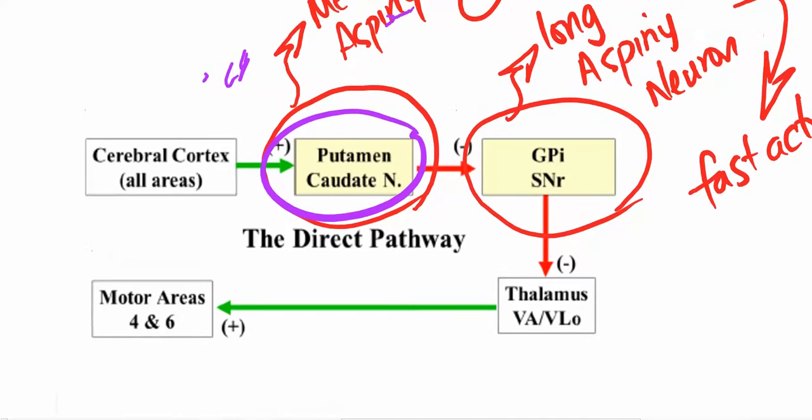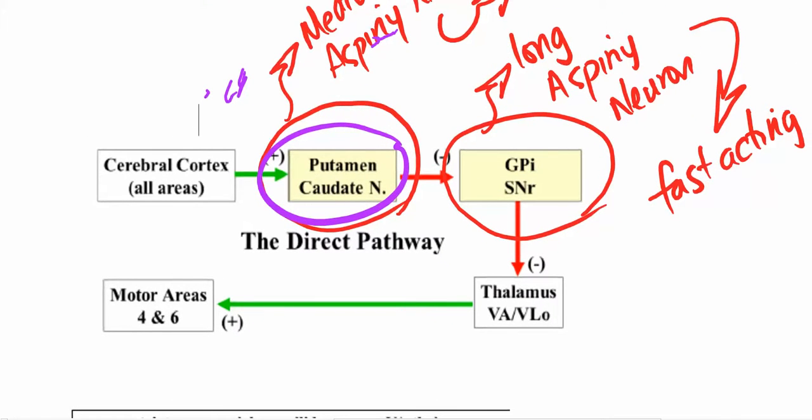We'll just continue anyway. So the putamen and the caudate are our striatum. We have the medium spiny neurons, and they're using GABA, and they're inhibitory. So that's why we see that this is inhibiting the GPi and the SNr.